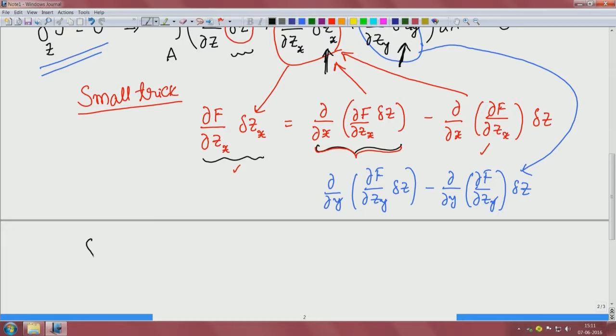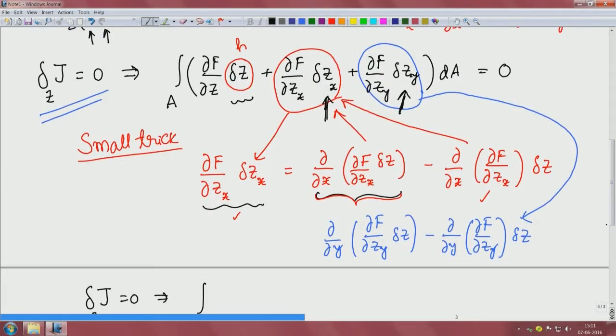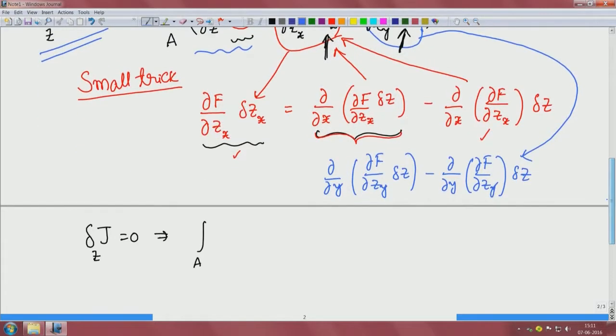So, the delta z variation with respect to the z function that we have equal to 0 will now have integral over the domain A, dou f by dou z, that is this term that remains the same. So, we have dou f by dou z into delta z, and then I will take what I am replacing, this and this.